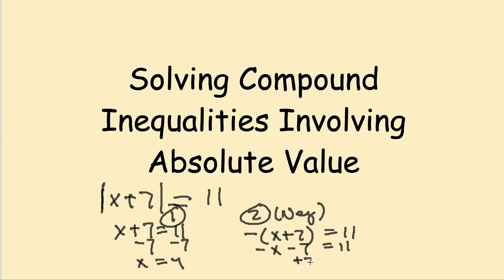And you add 7 to both sides, you get 18, but that's negative x, which means that x is negative 18, because we would multiply this whole thing by negative 1. We would go negative 1 times both sides and get that.